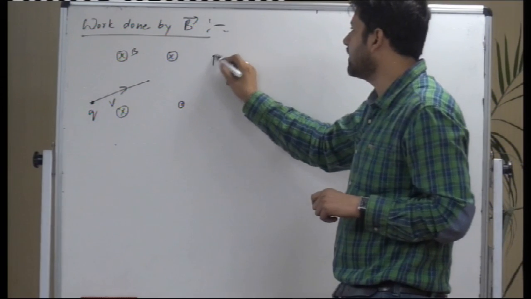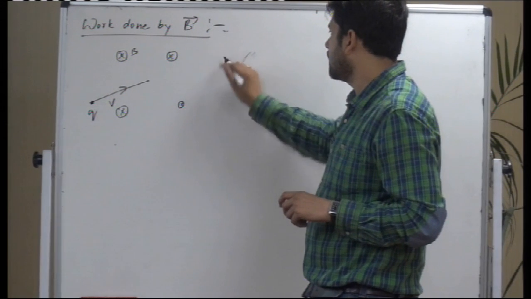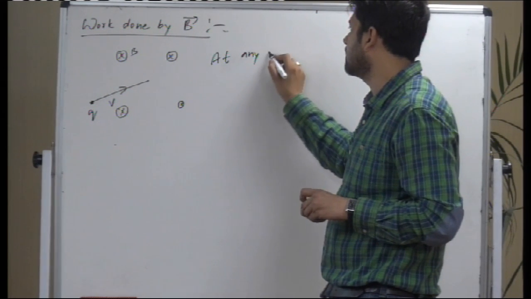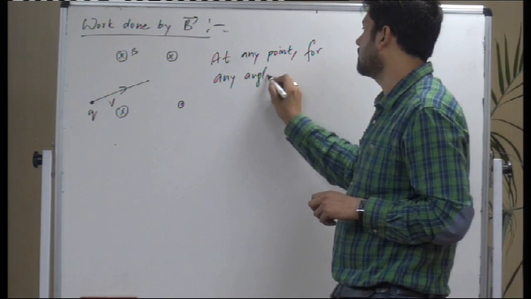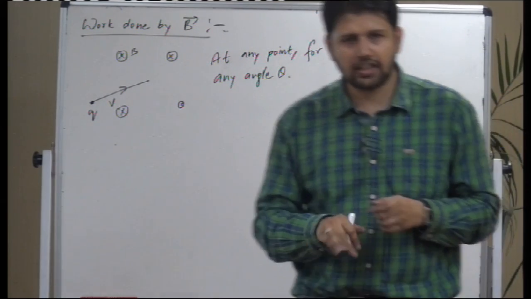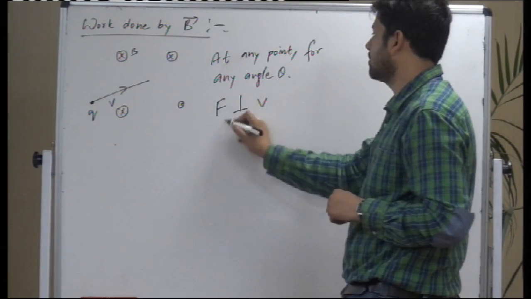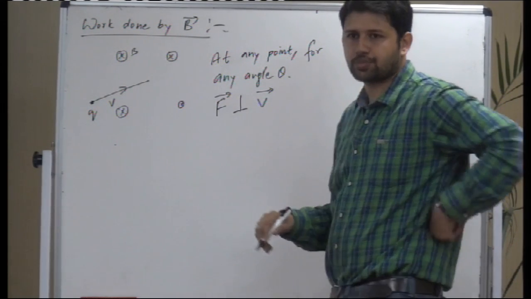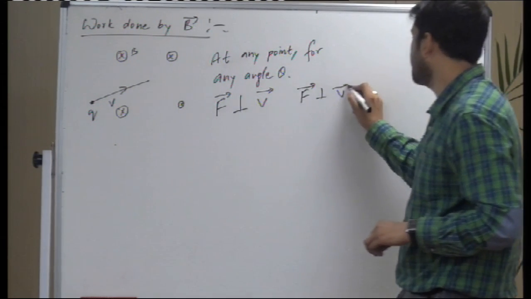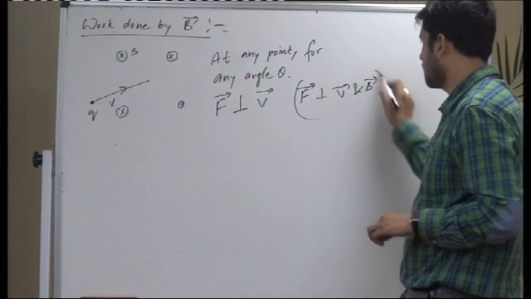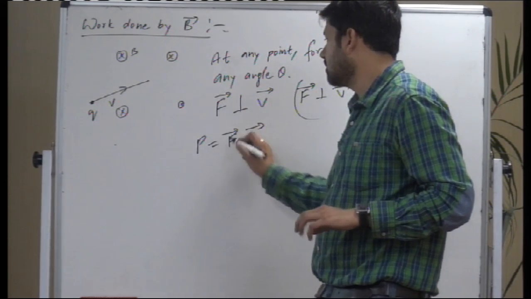Since at any point, for any angle theta, F is perpendicular to V, because of the property of the cross product, F would be perpendicular to both V and B. So power, F dot V, is 0.